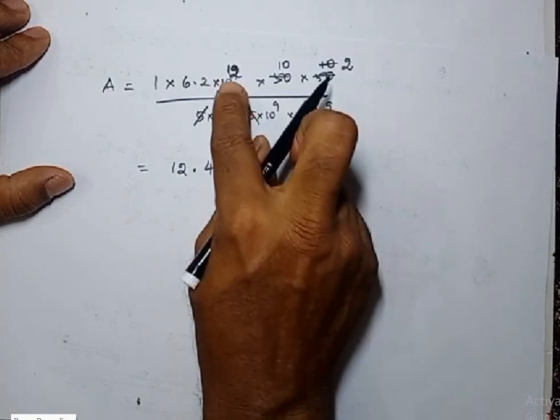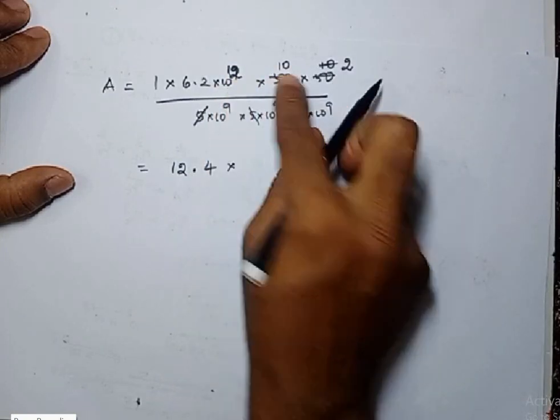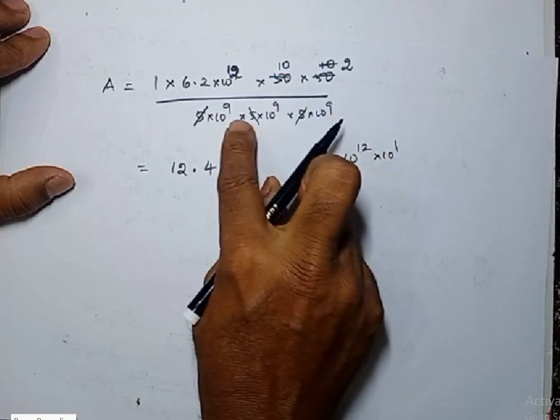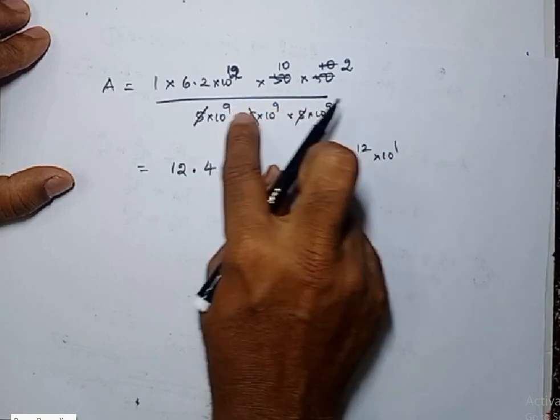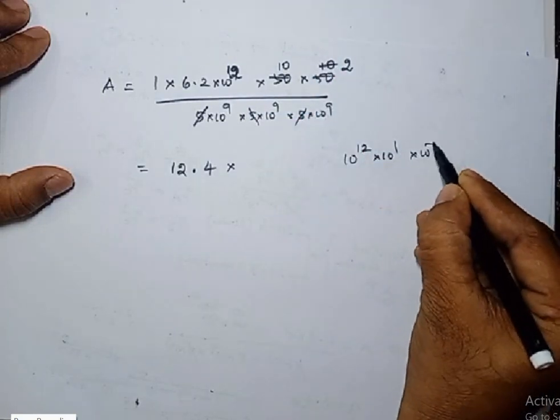12.4 into, observe carefully, here I have 10 power 12. Here I have 10 power 13, correct? In the denominator, I have 10 power 9 plus 9 plus 9, 10 power 27. If we bring it to the numerator, it will become 10 power minus 27.